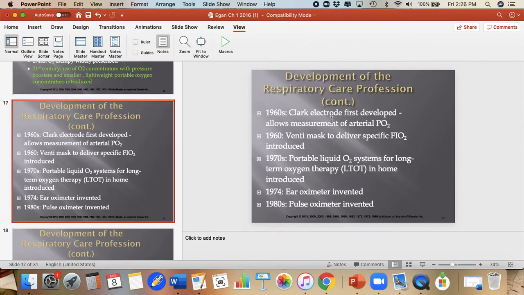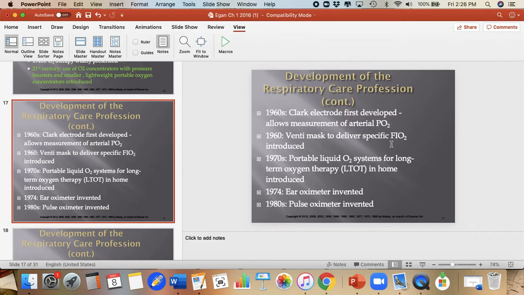Moving forward, the 1960s, we've got the Clark electrode, which measures arterial oxygen content, and the Venturi mask, which delivers a specific FiO2 to a patient. FiO2 stands for fraction of inspired oxygen. You've got these sick patients, and you want to make sure that they're breathing in what I look at as a prescribed amount of oxygen.